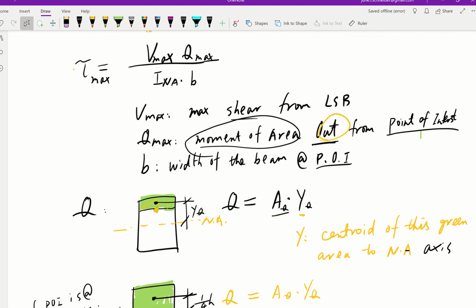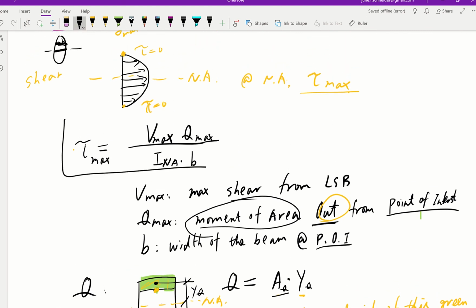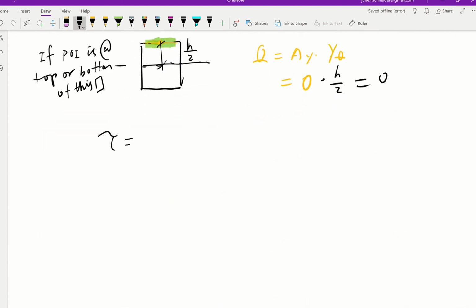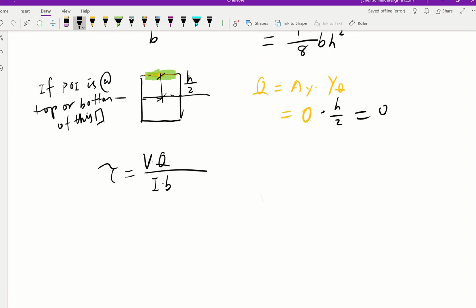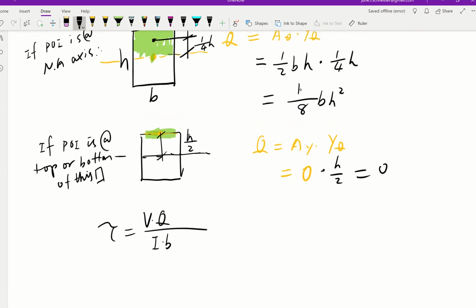So knowing that, then we can go back to this formula right here. This tau shear stress is V maximum times Q max. So I'm actually going to write it down right here. So tau is going to be VQ over IB, right? So imagine if this point of interest is at neutral axis, this scenario, then we can put it in there.